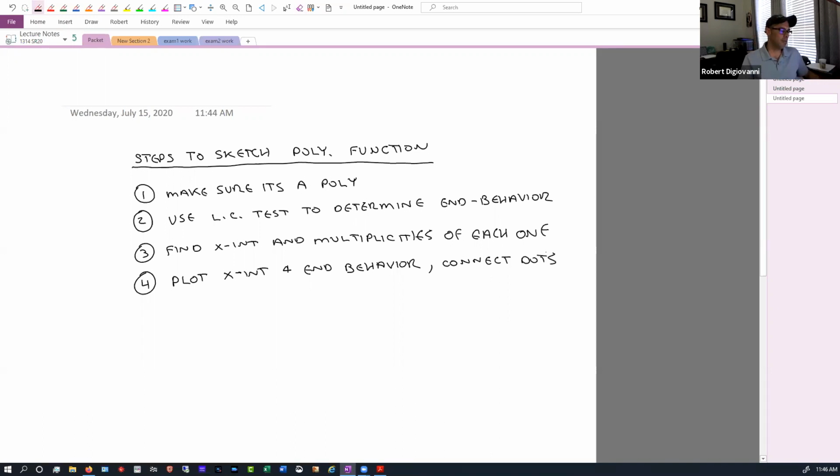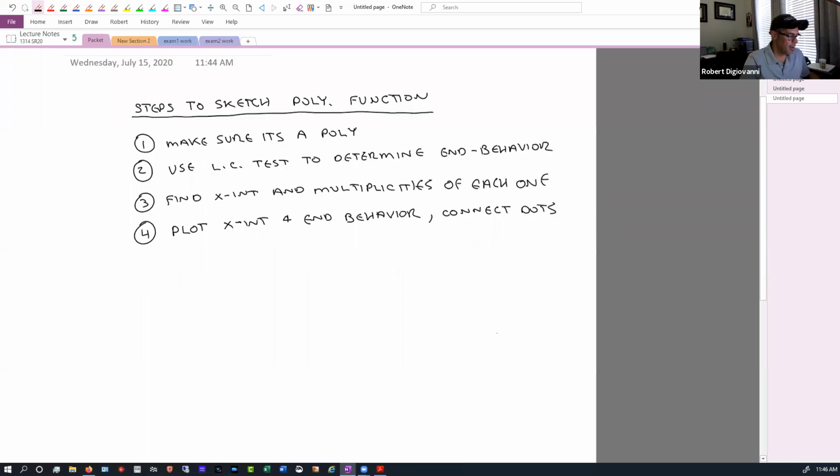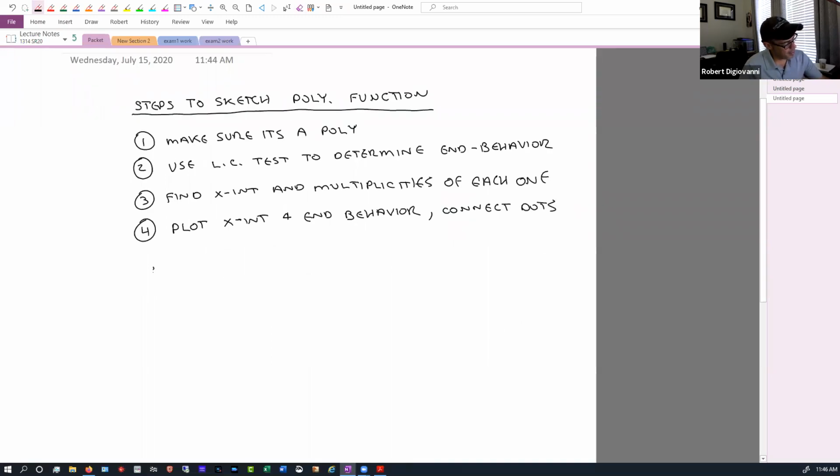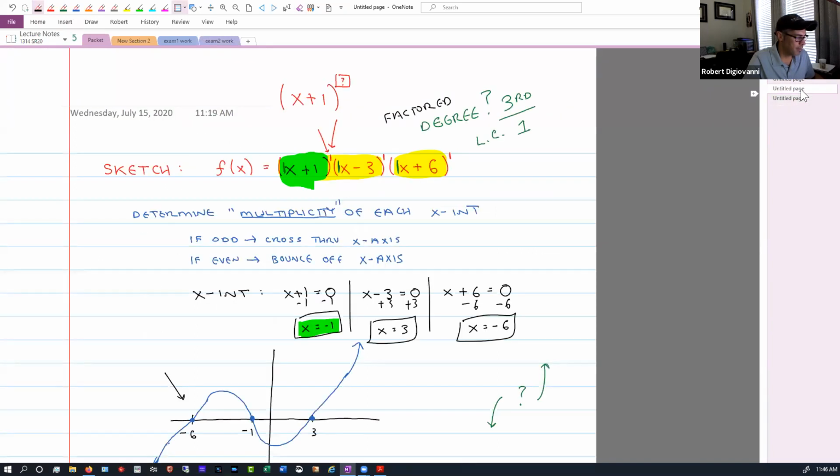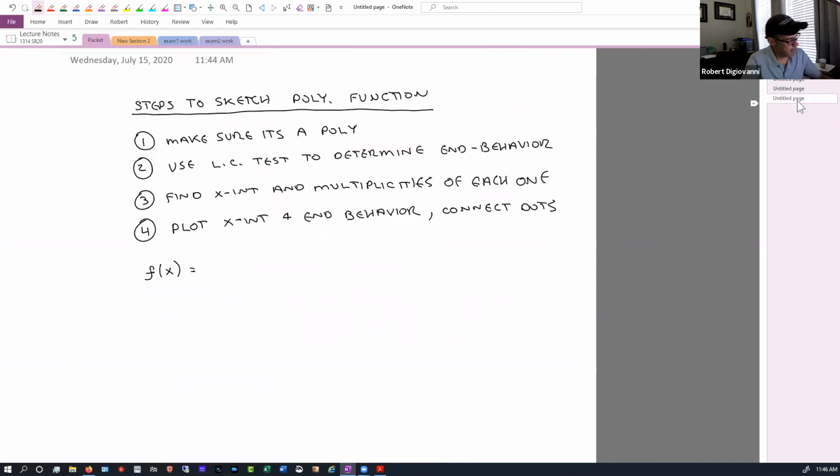Those are the steps. So let's take the example that we just did. We're just going to run through all the steps on this one, even though we've already done it.